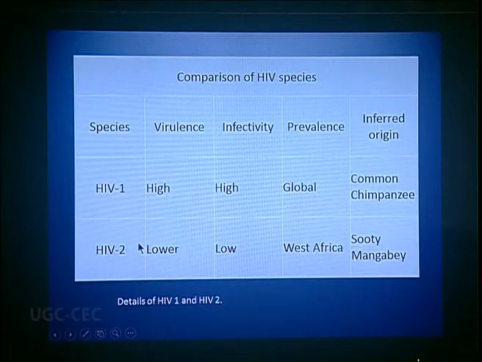Now coming to, as I was telling, HIV-1 and HIV-2, these are the two common species. HIV-1 has high virulence, high infectivity and global prevalence. It is spreading all over the world, and it commonly arises from the chimpanzee, whereas HIV-2 has lower virulence. It is only restricted to West Africa, has low infectivity, and is produced from the sooty mangabey.